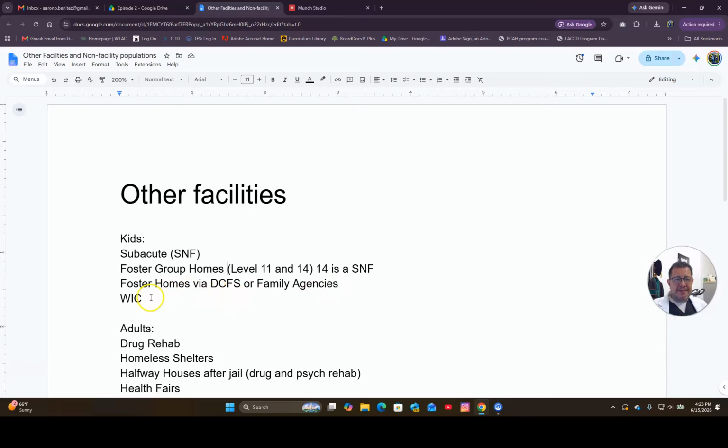Okay. Another type of facility, if you want to call it that, is WIC. Think about that. Women, Infants, Children. That is a nonprofit that we have in the state of California that helps subsidize kids and pregnant women in the state of California. And they do classes. So you can go in and teach oral care.